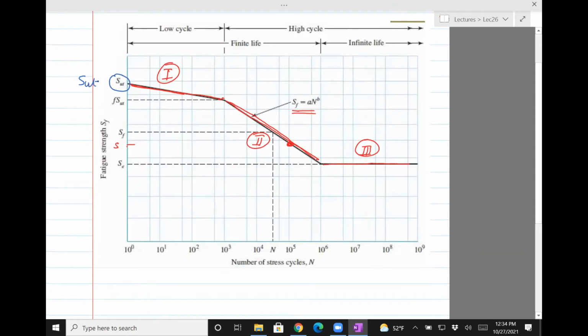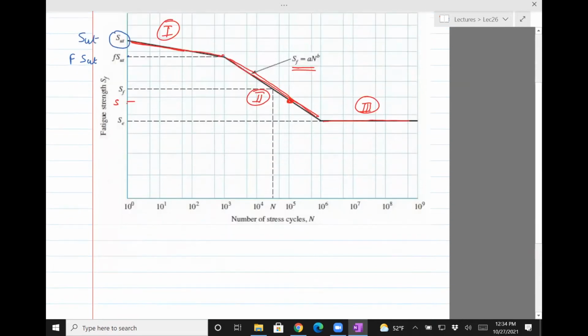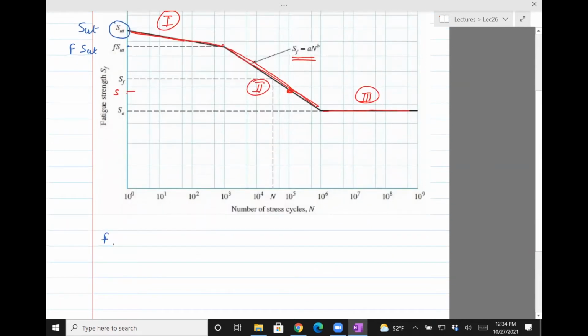In the actual loading case, we'll assume that the point where it changes from low cycle to high cycle fatigue is a fraction f of the ultimate strength. So f is again an empirical quantity, which is typically taken to be 0.8 or 0.9. So how did this come? Well, it comes from looking at the data and predicting where this curve will start dipping faster.